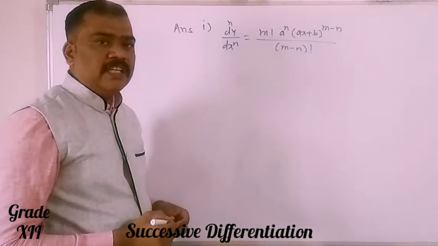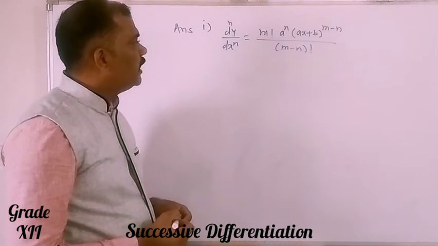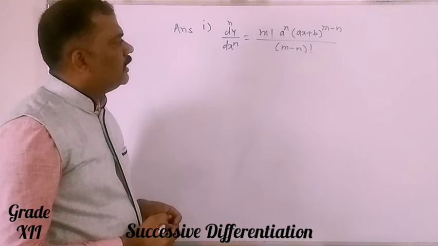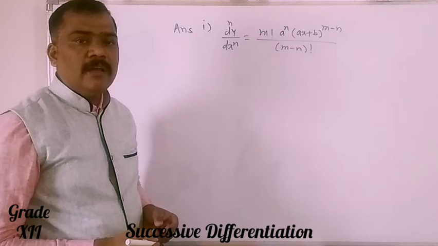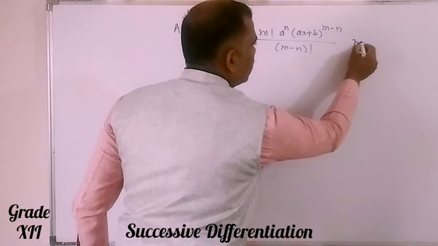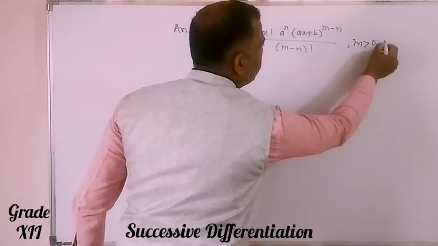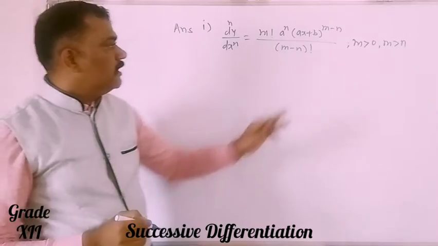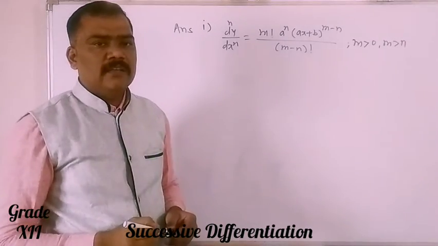Okay, you have to check that answer. There are some conditions. What are they? m is greater than 0, and also m is greater than n. For that condition, this answer is valid.